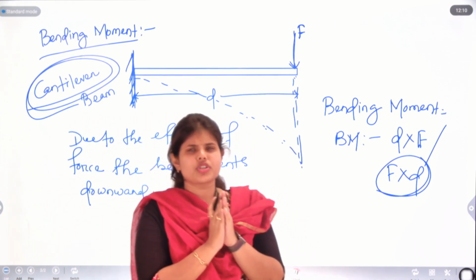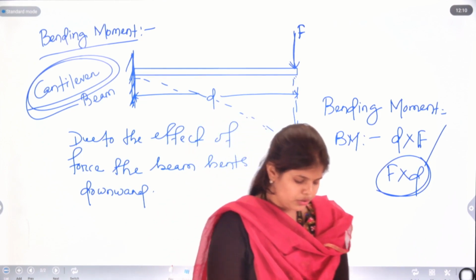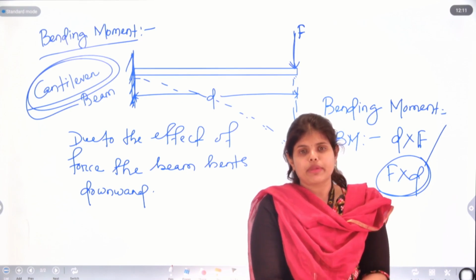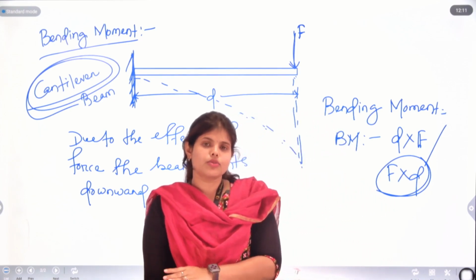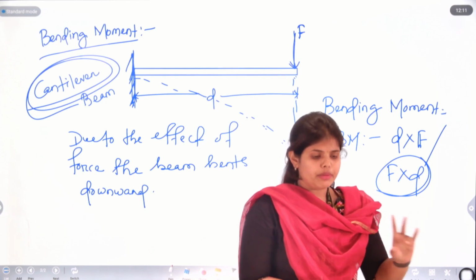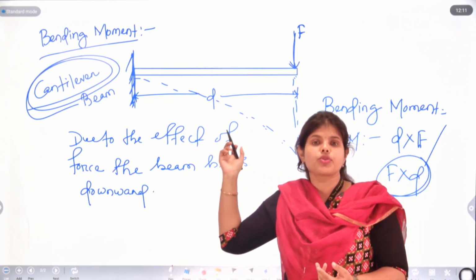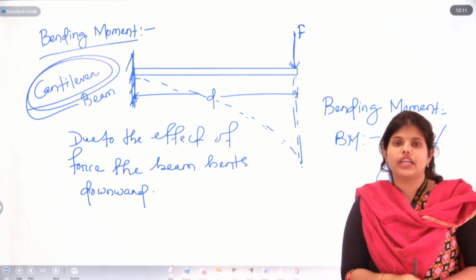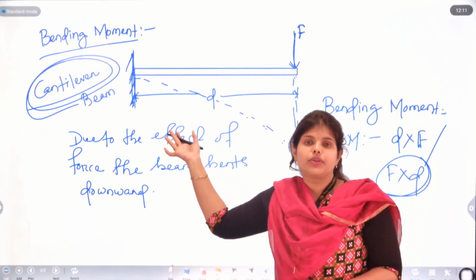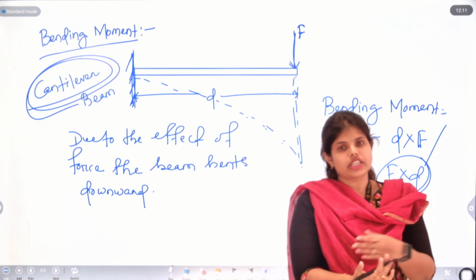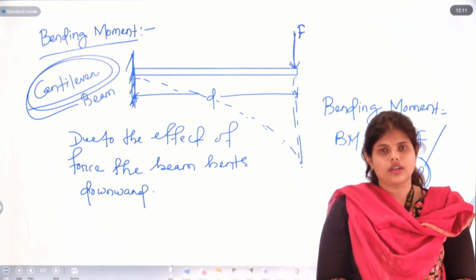In this class we just discussed some basic things, that is what is shear force and bending moment. In our next class we will discuss the types of beam and types of load. Also, you have noticed here we have used one point load and UDL. I have already told about UDL. So in the next class we will discuss types of beam, types of load and all those things.